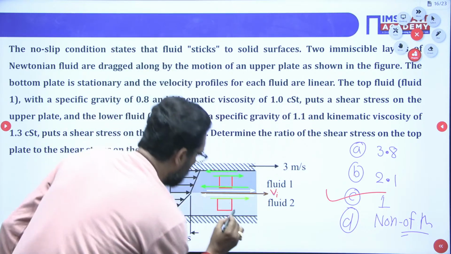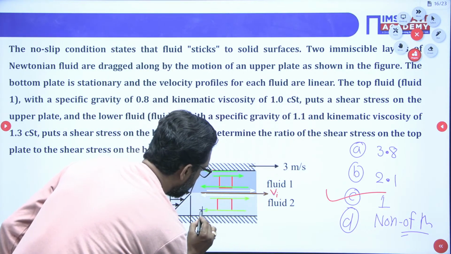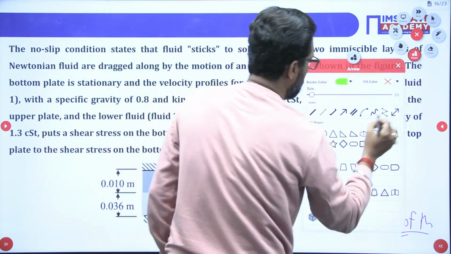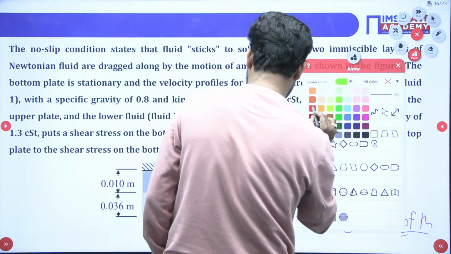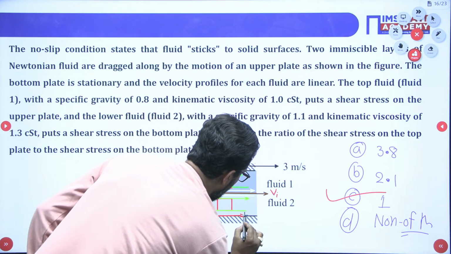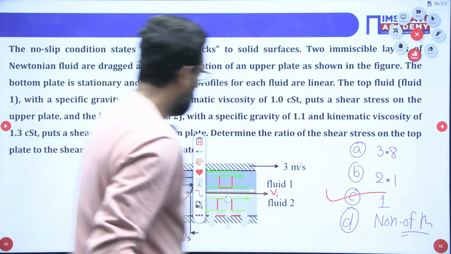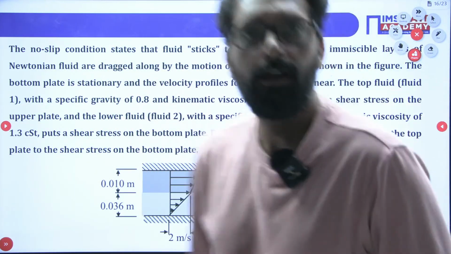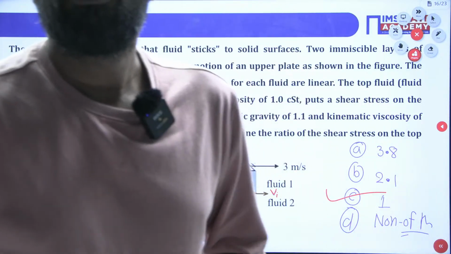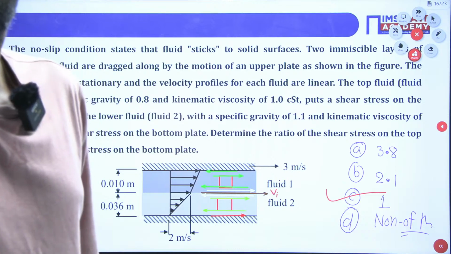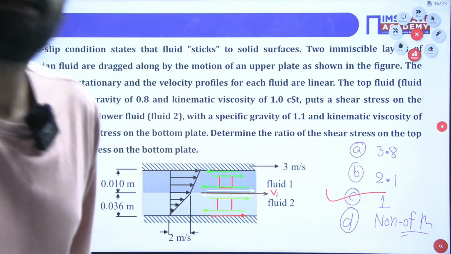On the bottom layer, it is in this direction. So at the plate, it is in this direction. Clear, my dear? This is the shear stress direction. It is visible or not? Please tell me. Yes, it is visible. No problem.